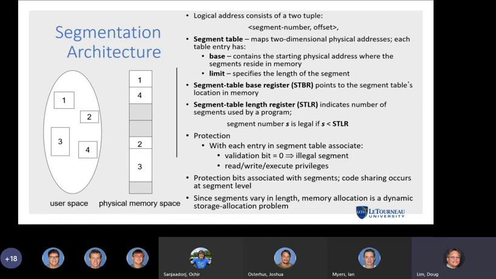Then for the efficiency of implementation, those names are then mapped or given numbers. So we then have the tuple segment number and offset, but keep in mind that this comes from the user named addressed segments, and that gets mapped to a number, and then you have that offset into that memory segment.